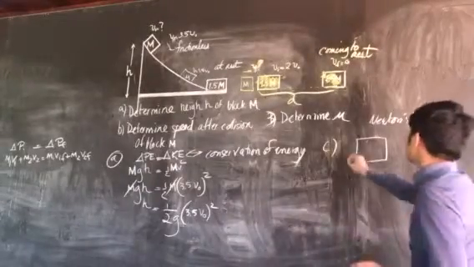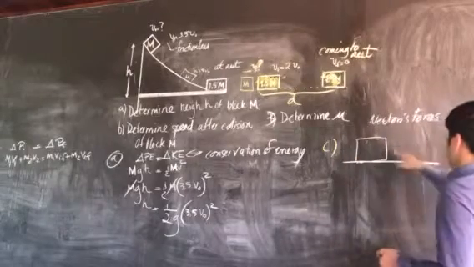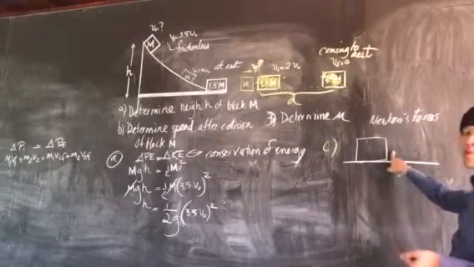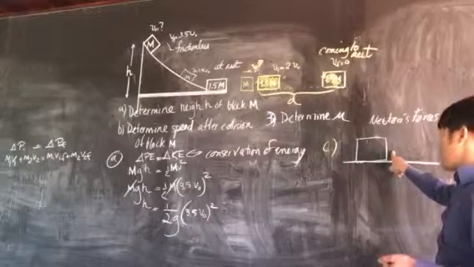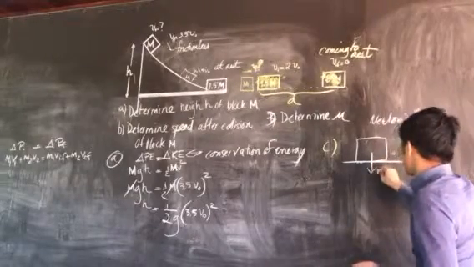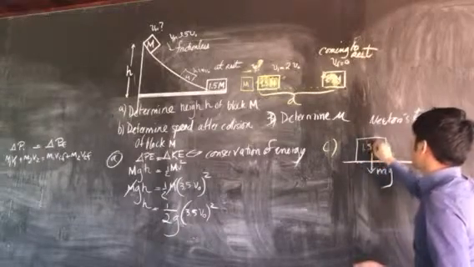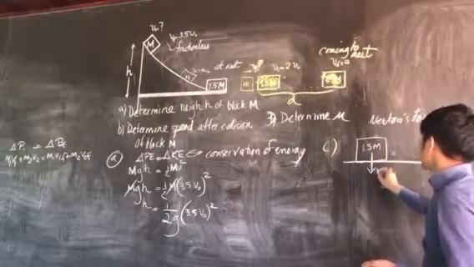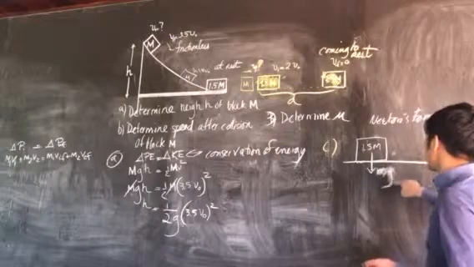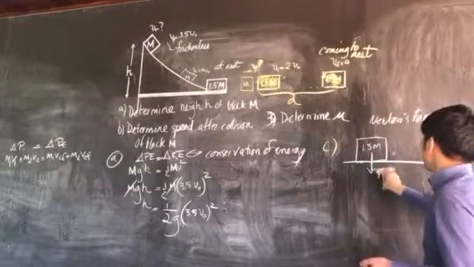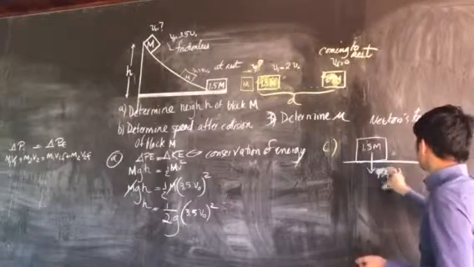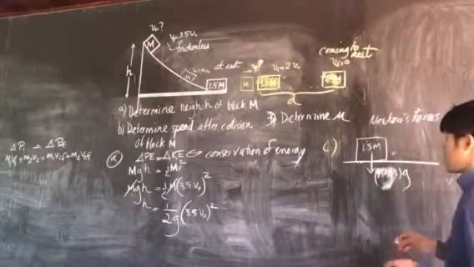The object is sliding this way, but there's no force pushing besides the force due to gravity, so the object itself has mg. And this is 1.5 M. So therefore, this force right here, I'm gonna go ahead and label as 1.5 mg. That's the force due to gravity.